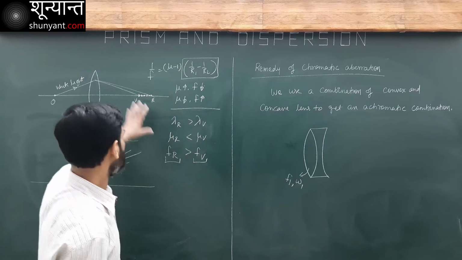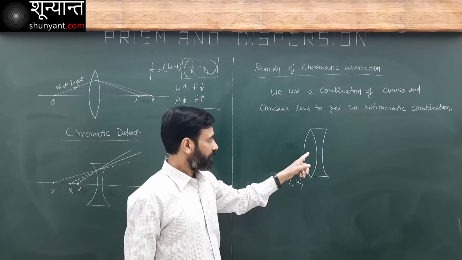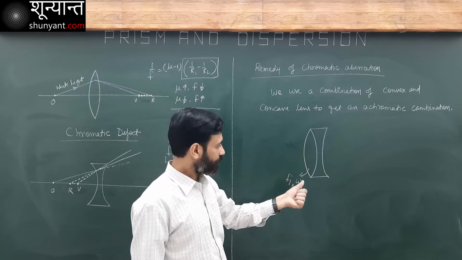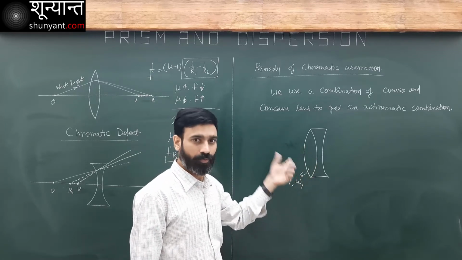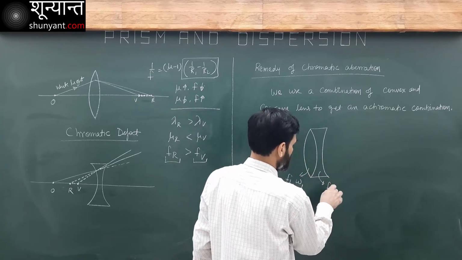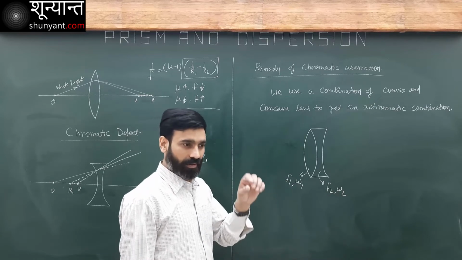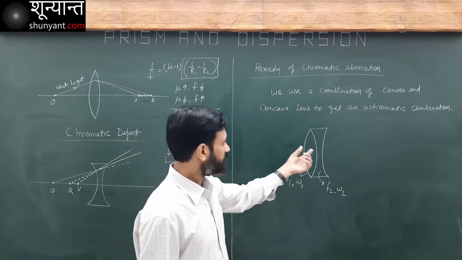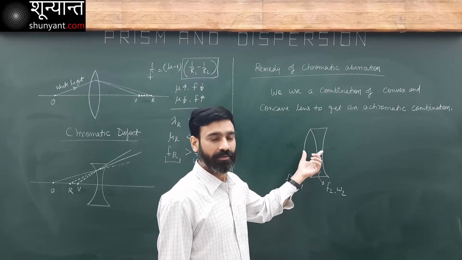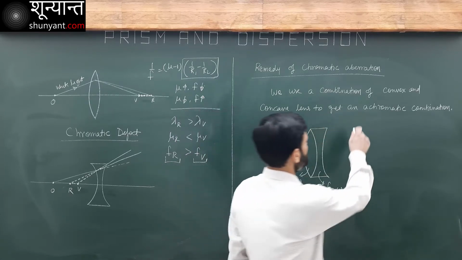This is also dispersion. So this lens is made of some material having dispersive power omega 1 and its focal length is f1. Now this lens has focal length f2 and this is omega 2. Under one condition, this combination behaves achromatically. It becomes an achromatic combination. What is the condition?